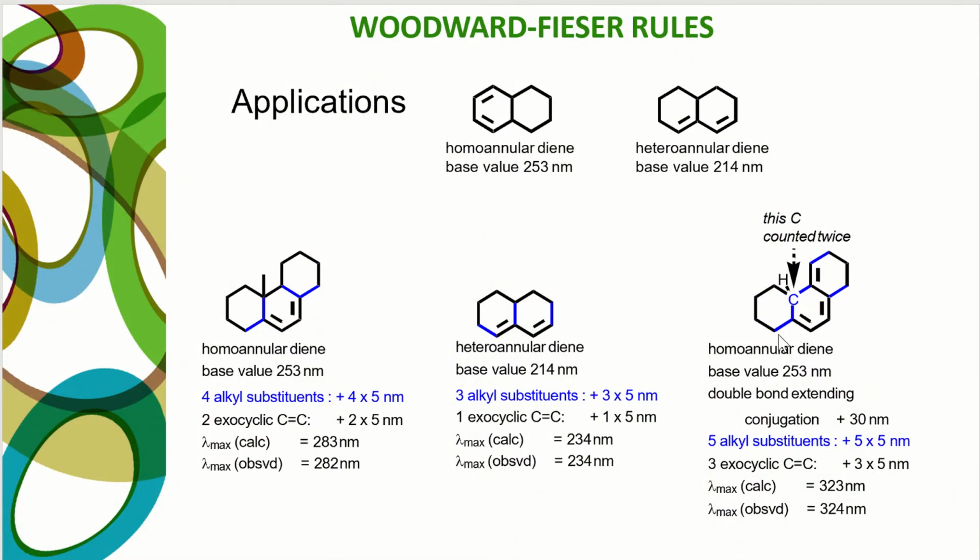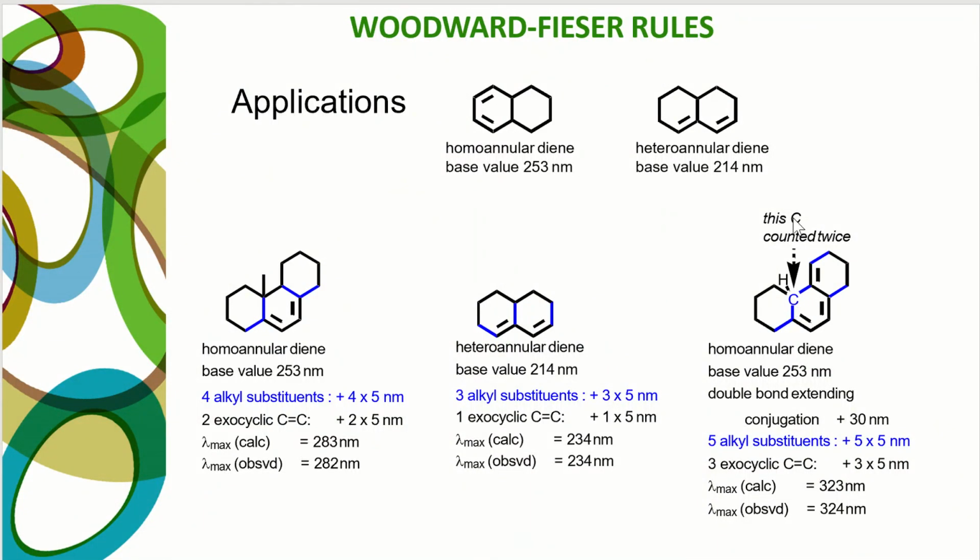And we have 5 alkyl substituents, so let's count them. Along the entire chain of double bonds here, we have one, 2 here, and then 3 here, and then 4 here, and 5 up here.